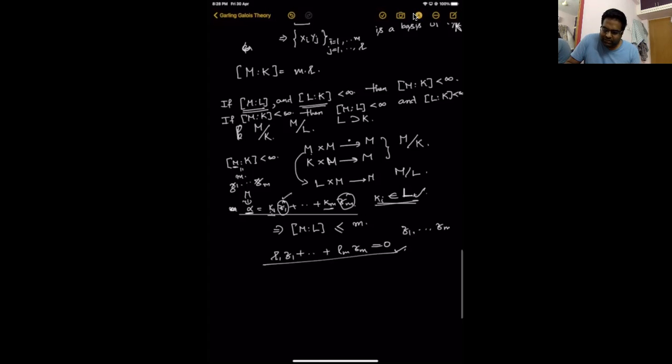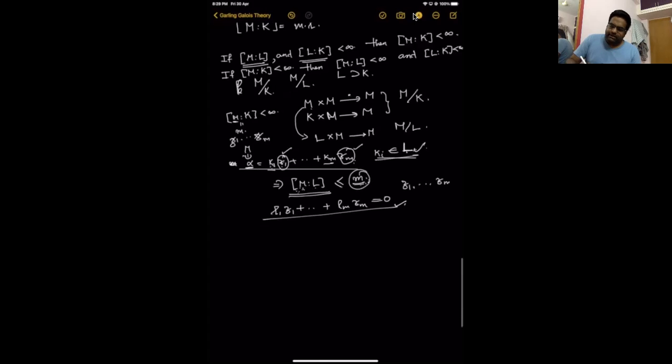So I know that z1 up to zm is a spanning set of M over L. That means the number of elements in the basis, which is the degree of M over L, is at most the number of elements in the spanning set, which is m. So we can see from this that this is also finite because it is bounded above by m. Finally, we want to show that L over K is also finite.